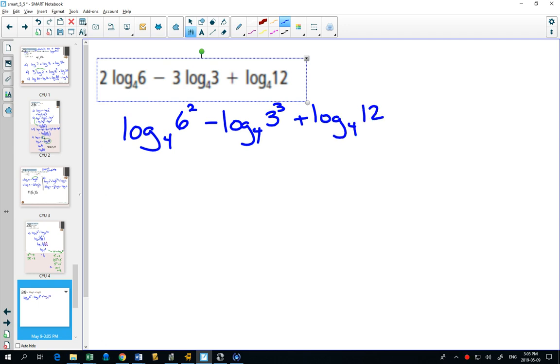Now I'm adding and subtracting, and all of those logs have the same base. So I can combine this as one log. What's going to go in my numerator? 6 squared and 12. What's going to be in my denominator? 3 cubed.